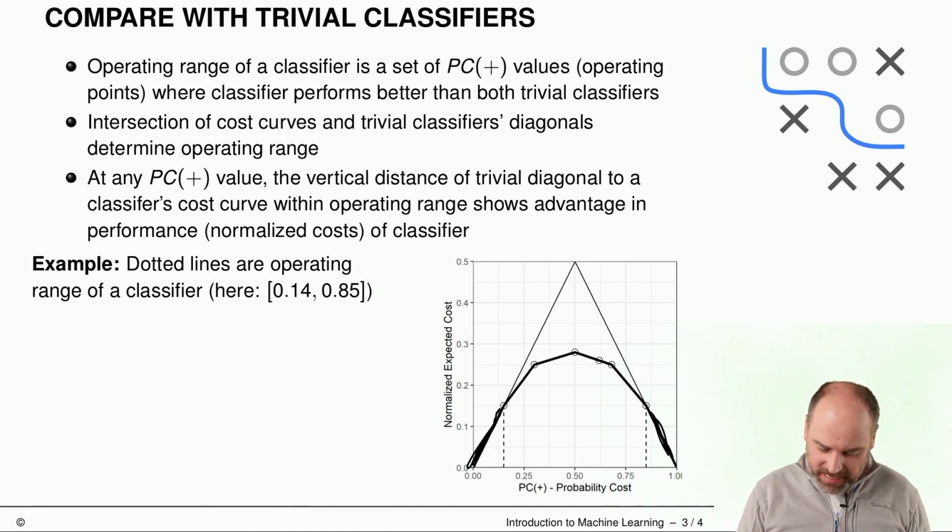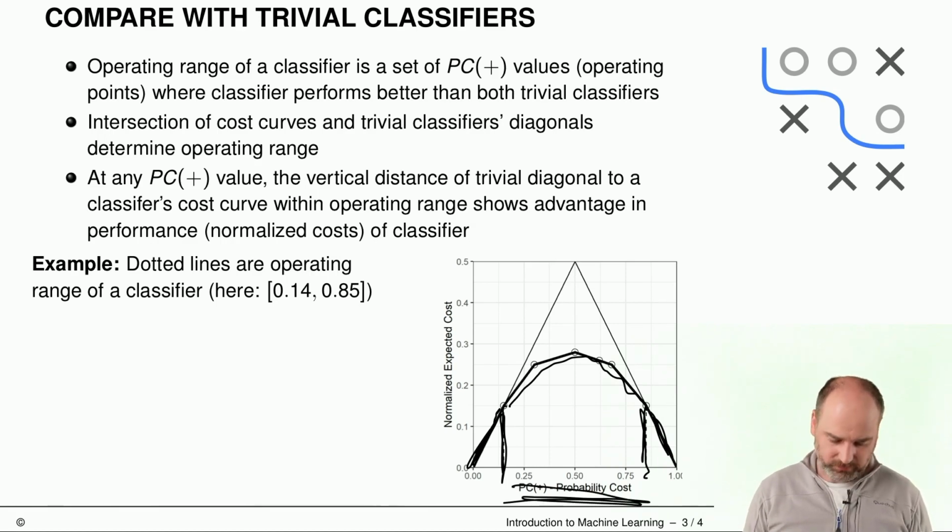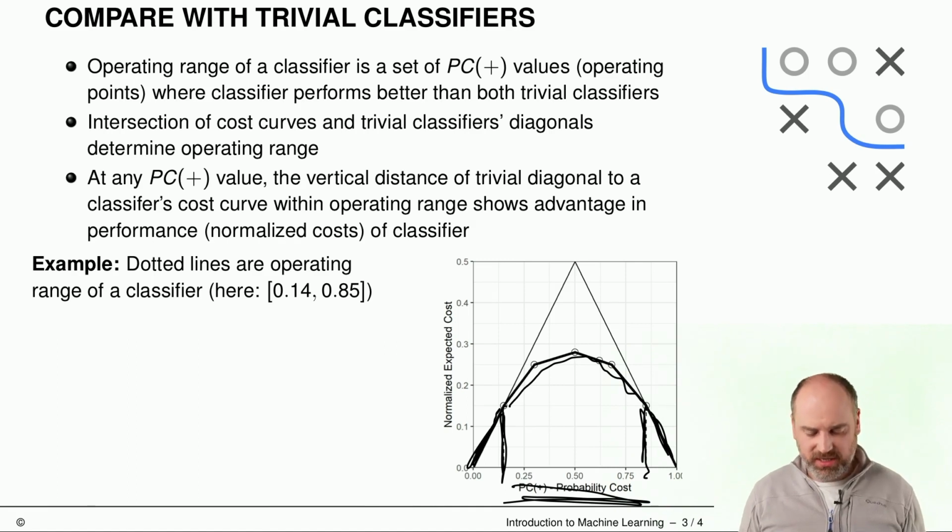But if we begin to lie below this triangle of these two trivial classifiers, we find that interesting. This region, we usually call the operating range. Here, this is roughly 0.14 to 0.85, and this is the interesting range where our probabilistic classifier works better than a trivial system.